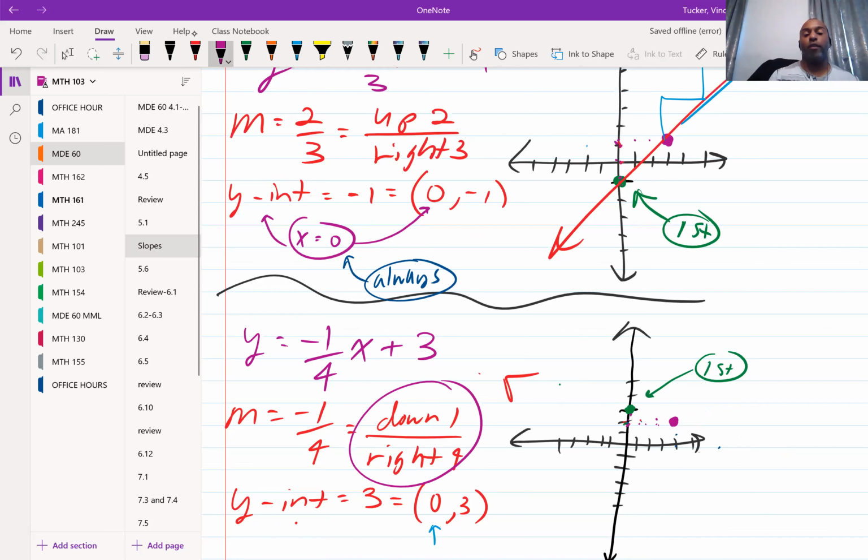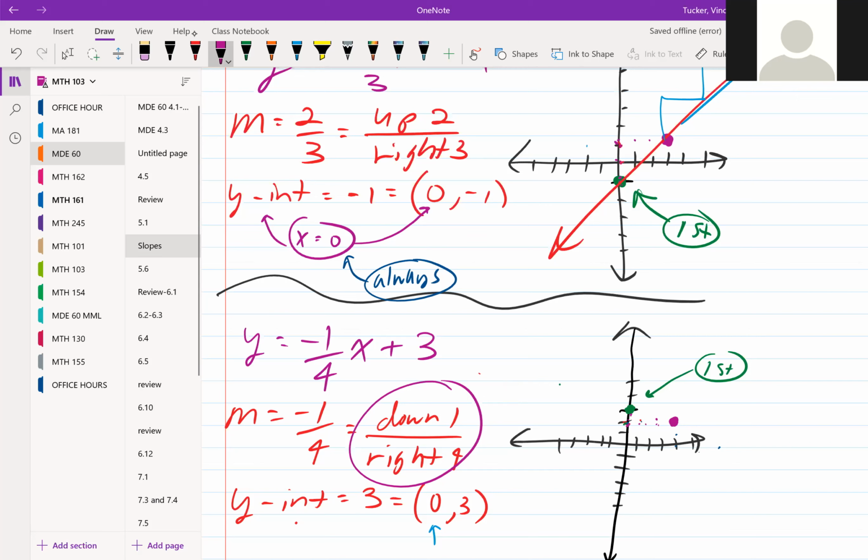So really, if you don't plot the y-intercept first, you really have nothing to generate another point off of. You're starting from zero. You start from zero when you have a point. So we started from that point and went up two and right three. Exactly. I got you. Okay. All right, now it makes sense.